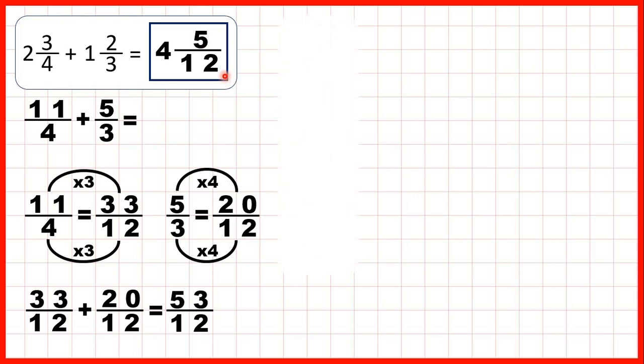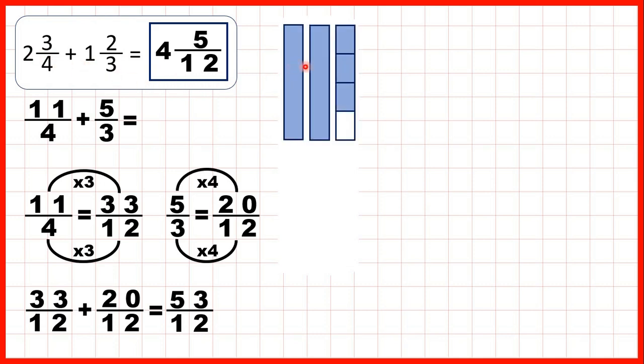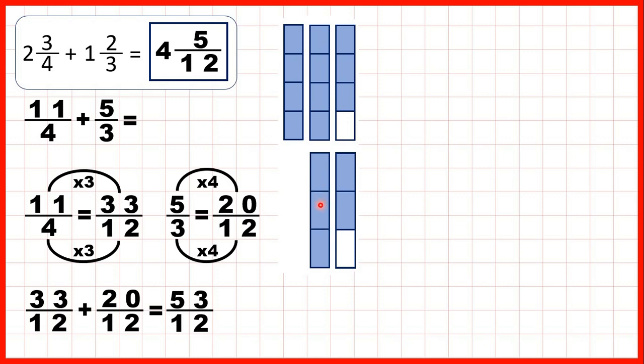So let's show fraction bars to see what we did. We started with 2 and 3 quarters, and we were adding 1 and 2 thirds. We changed 2 and 3 quarters into an improper fraction, so into 11 quarters, and 1 and 2 thirds became 5 thirds as an improper fraction.